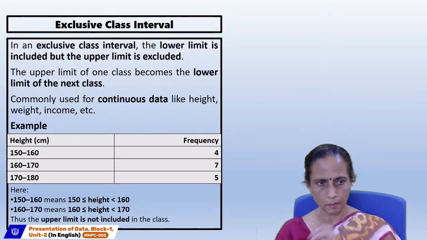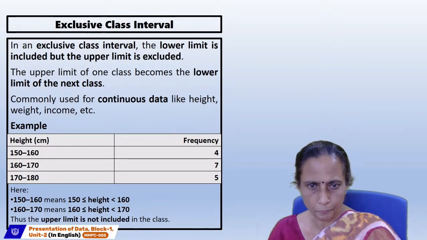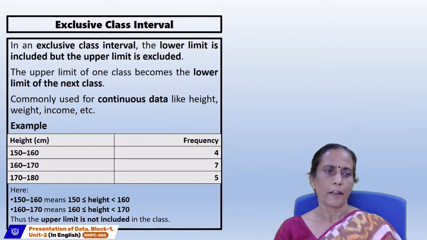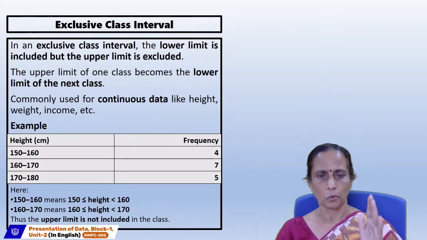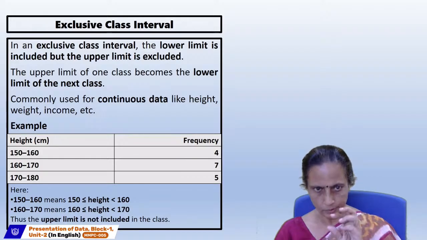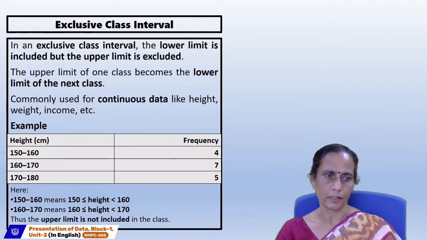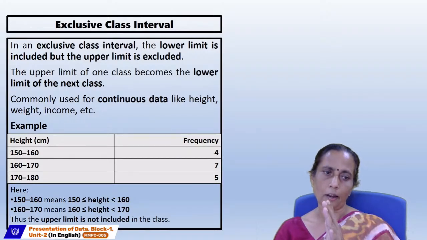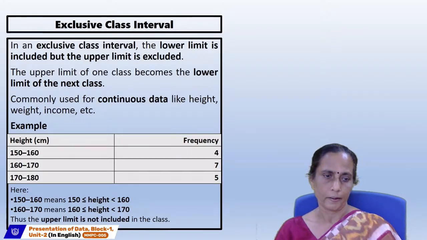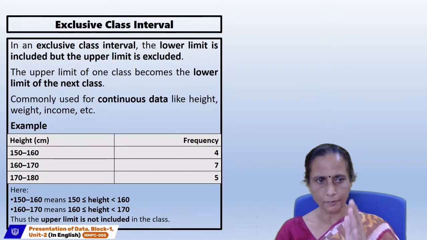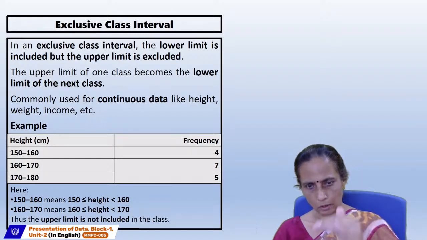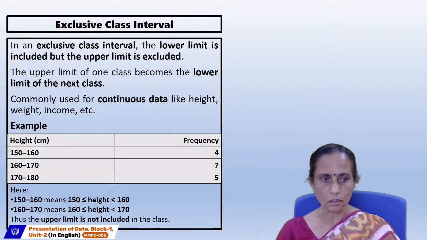That means these four persons that we have taken, with height in cm, are having a height maybe 150 cm, 151 and so on, and 159, but it doesn't include 160. The person having the height of 160 cm will be falling into the next class.